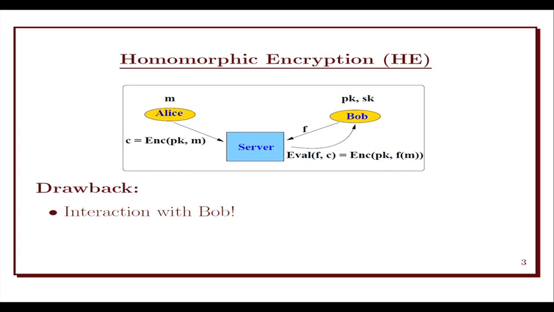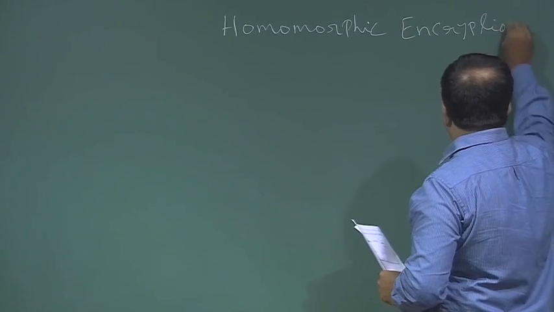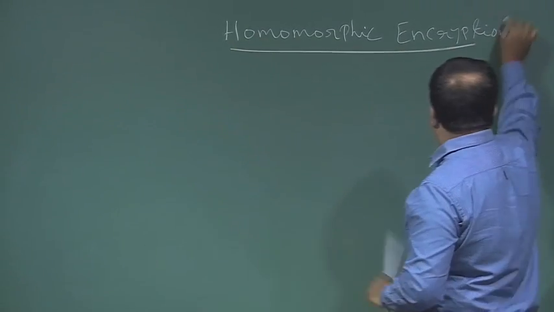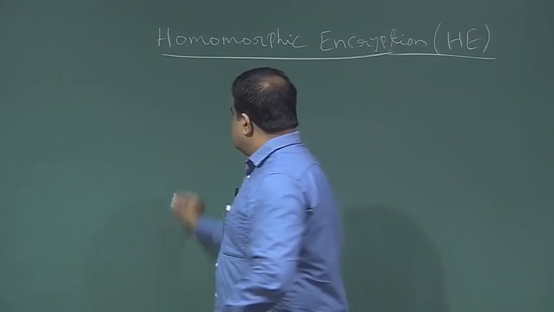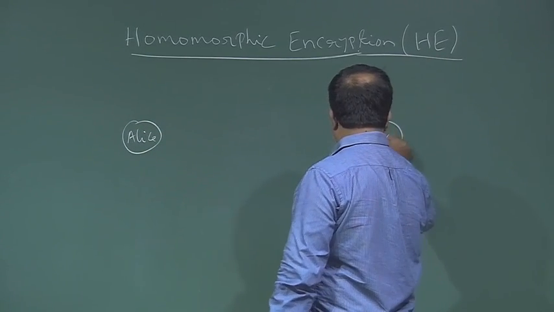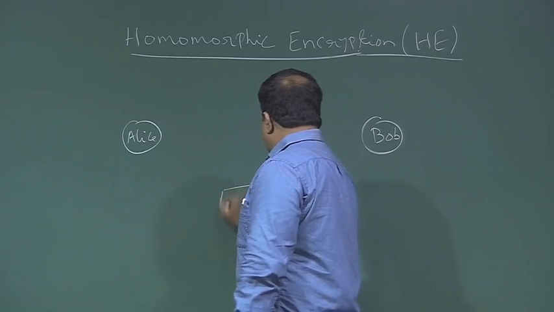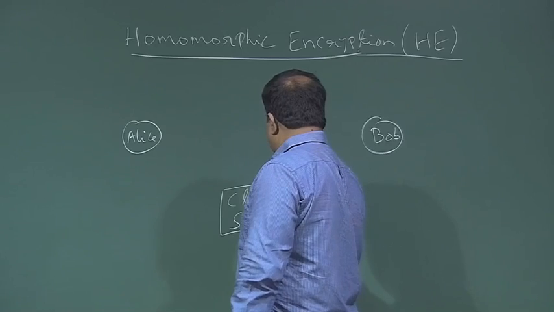So now we will talk about homomorphic encryption, in short HE. The idea is we have two parties, Alice and Bob, and we have a server which is referred to as the cloud server.